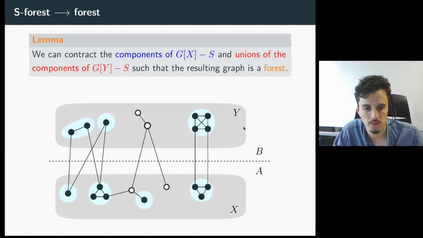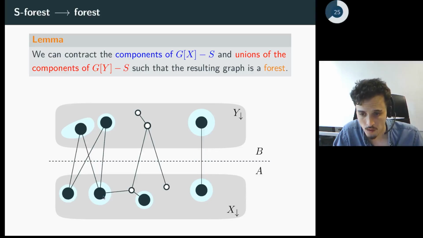And this is what we will do. What we prove is that given an S-forest induced by a subset X of A and a subset Y of B, we can do these contractions on each side such that we obtain a forest at the end. And for X, what we contract are the connected components induced by the vertices in X that are not in S. But we cannot do the same for Y. We have to contract more.